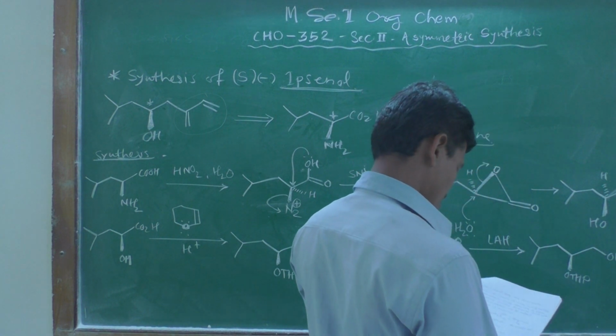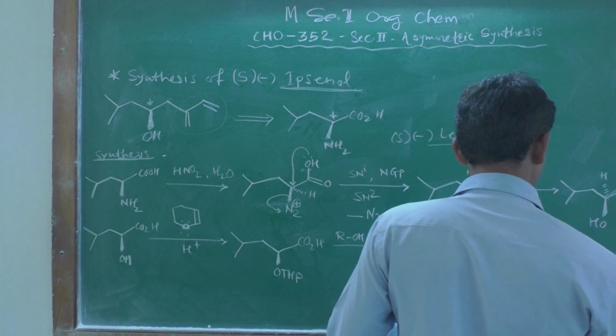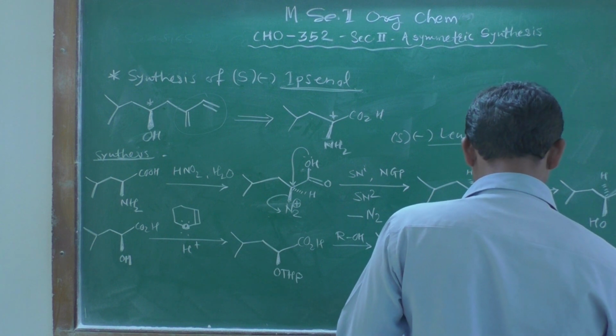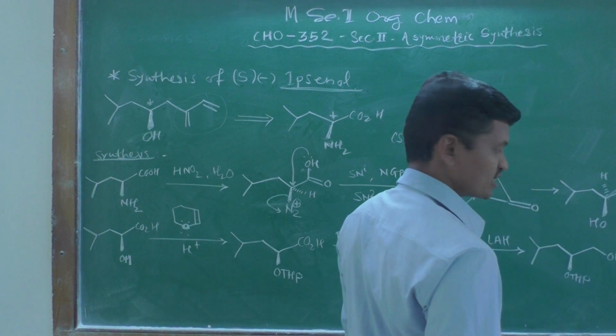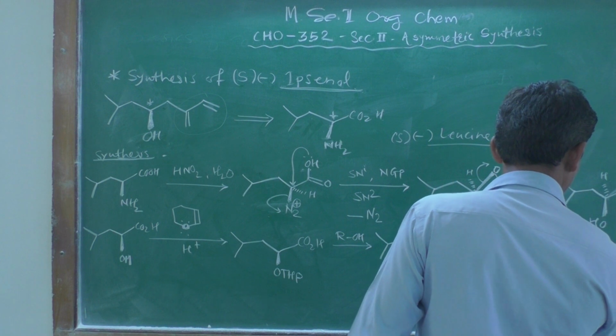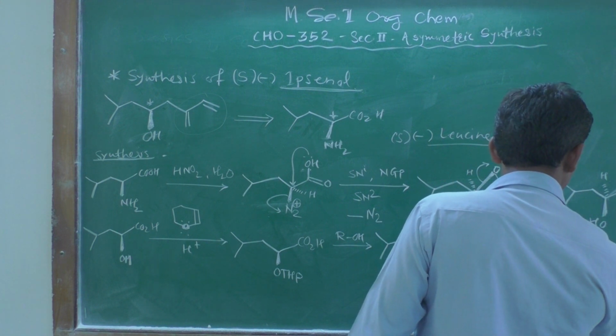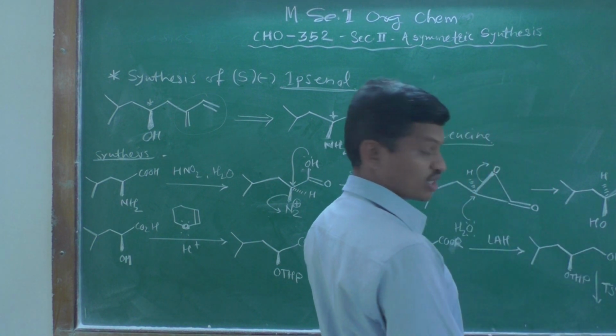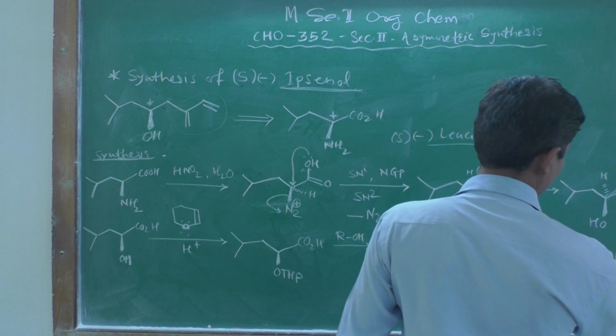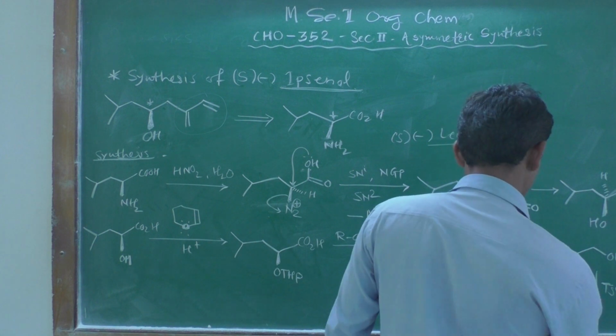Now again do a protection of this hydroxy group by using tosyl chloride and pyridine. So this hydroxy group is converted into tosylate group.